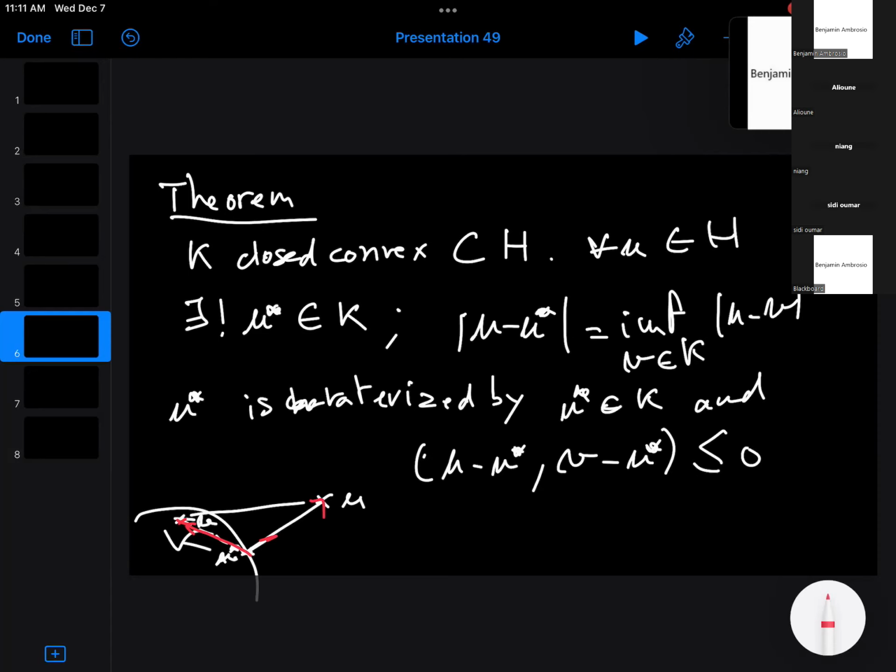All right, it's the projection theorem on the closed convex subset. Okay, so we will give a proof of that.